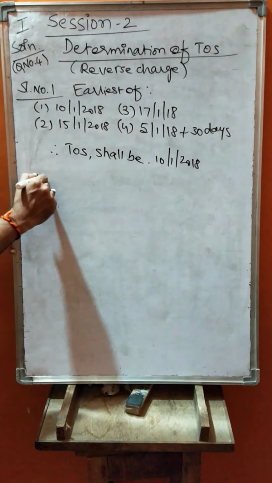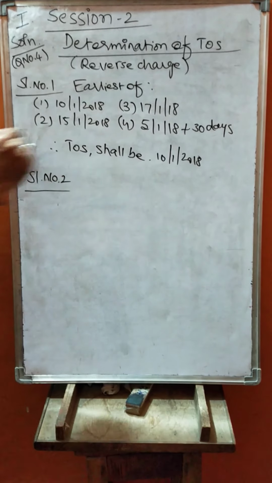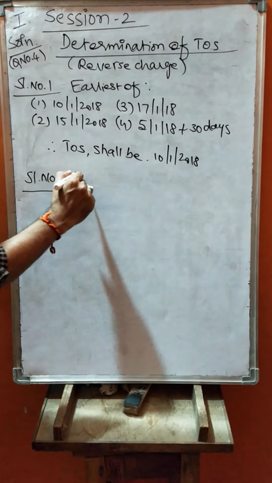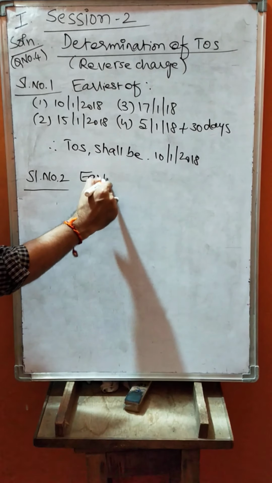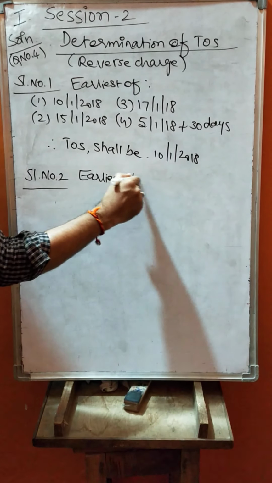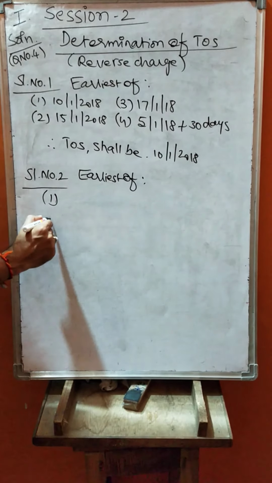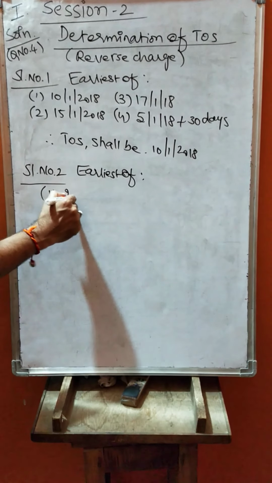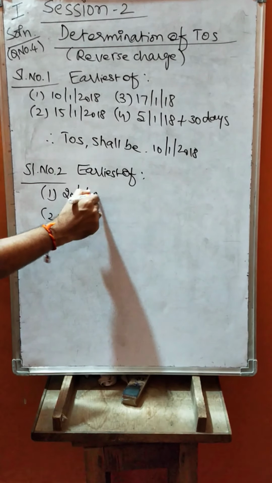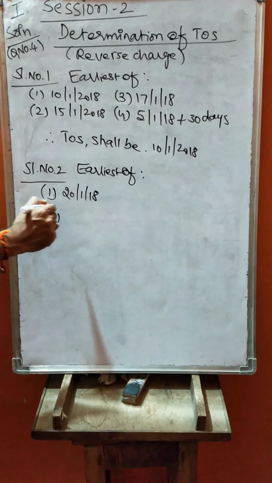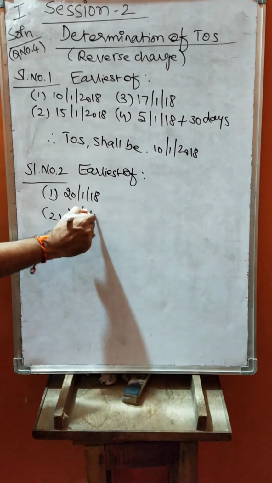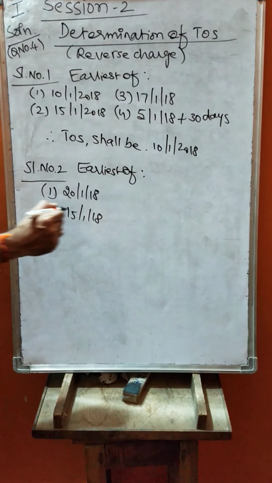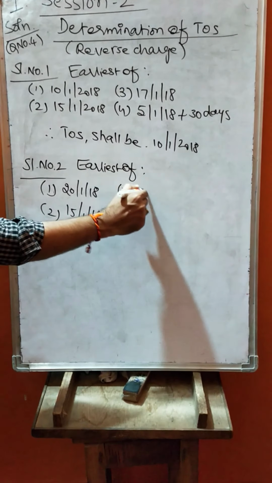Same with serial number 2. There are again 4 dates. Earliest of 4 dates. The first date is 20th January. Second date is 15th January. Third date is 17th January.